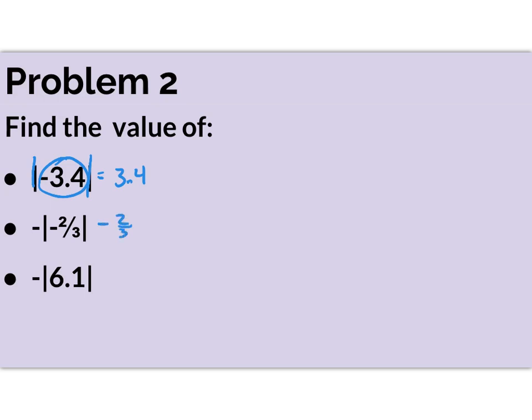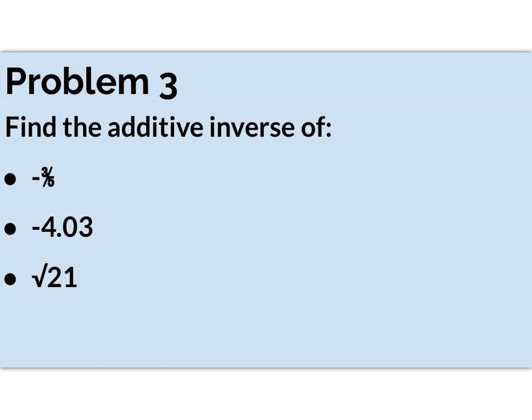The negative is on the outside of the absolute value bar, so it's negative 6.1. The additive inverse is the opposite, so it is positive 3/5, positive 4.03, and then the opposite of the square root of 21.